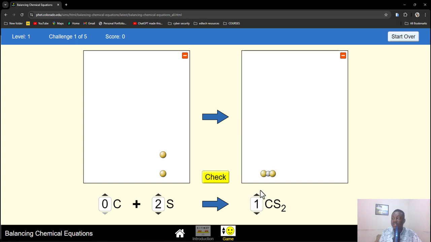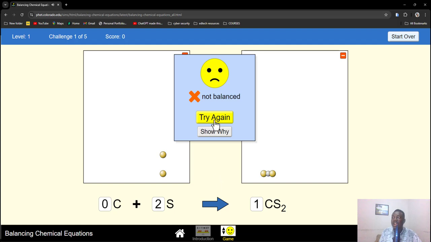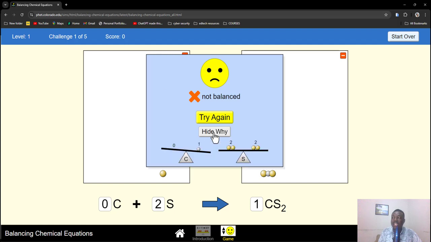Don't forget to have our 1 here. Let's check. Oh, it says we are wrong. So once they are playing this game, they could play around with this, get it wrong, get it right, until they get it right. And it teaches them a lot more than you, the teacher, explaining it sometimes. And let's see, show why. So it's telling us the reason.